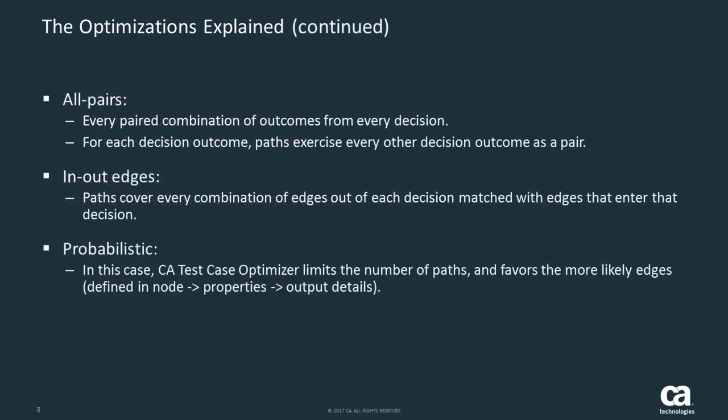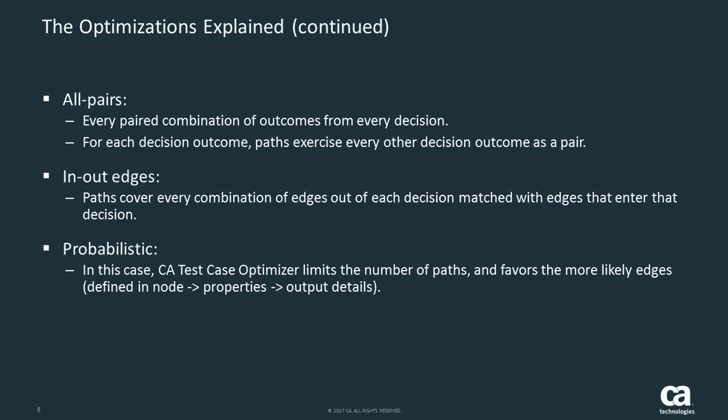Now all pairs is a useful technique in certain circumstances, and I'll demonstrate that a bit later. But all pairs basically represents every paired combination of outcomes from every decision. So for every arrow coming out of a decision, that is matched with every other arrow out of every other decision, and there should be paths to cover all those combinations as a pair.